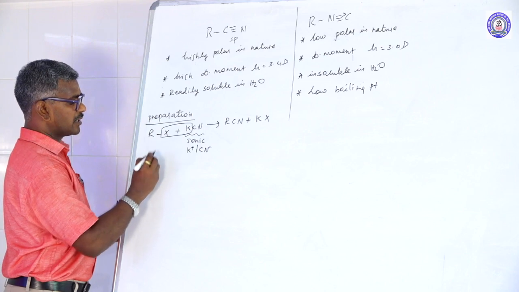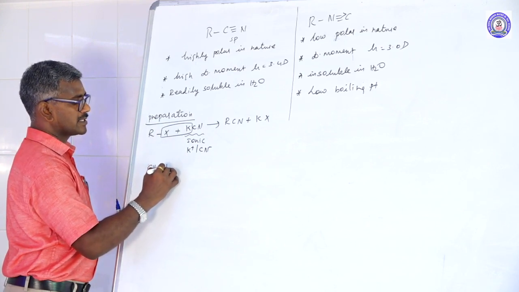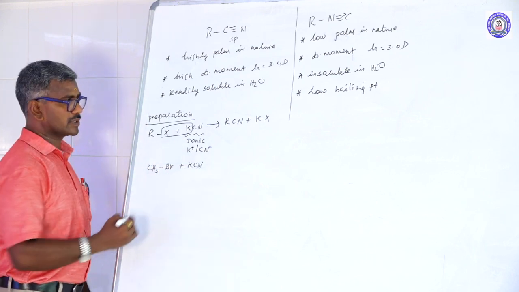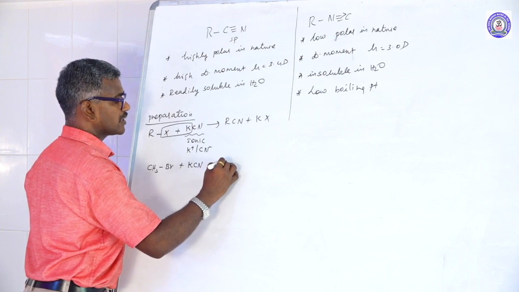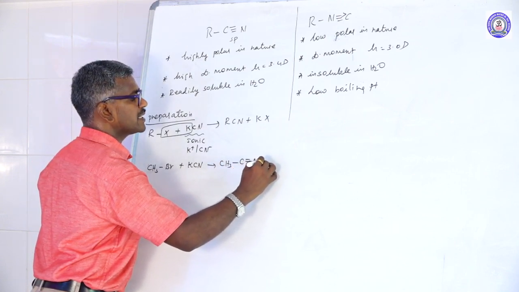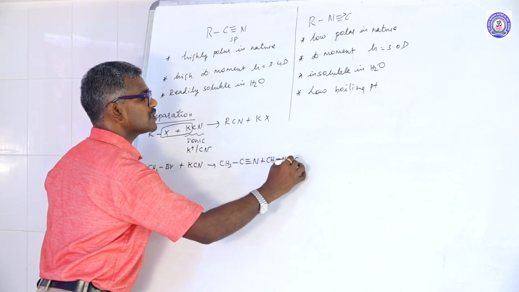Here R is alkyl cyanide. CH3Br reacts with potassium cyanide to form CH3–C≡N plus CH3–N≡C.